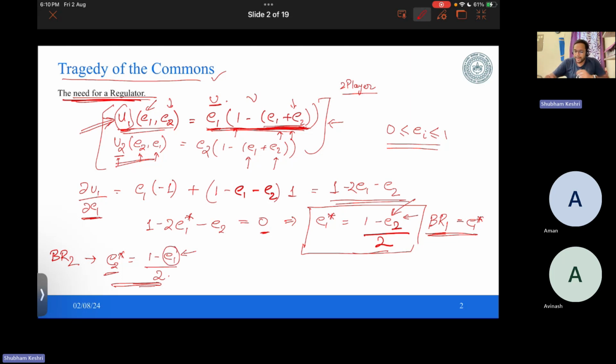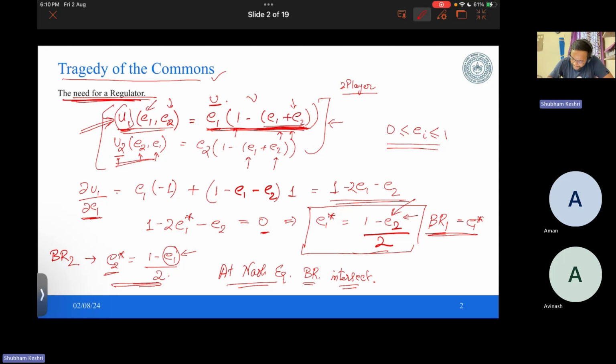All right. Now at Nash equilibrium, best responses intersect. This was taught in the first week's lecture, where we understood that whenever the best responses intersect, we have a Nash equilibrium.